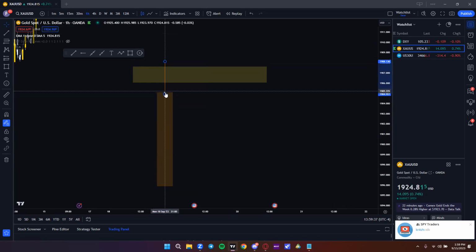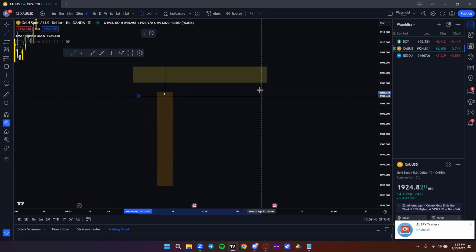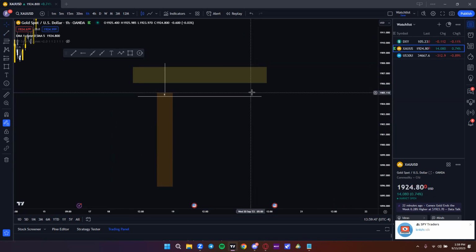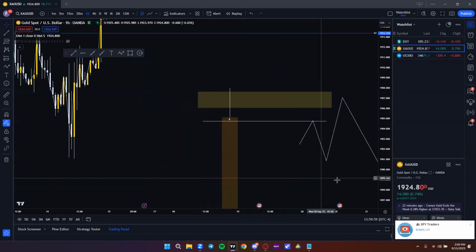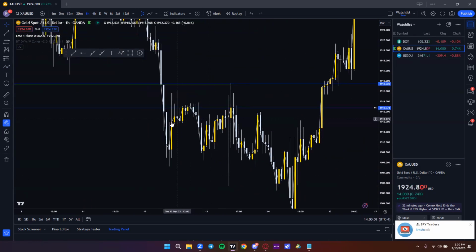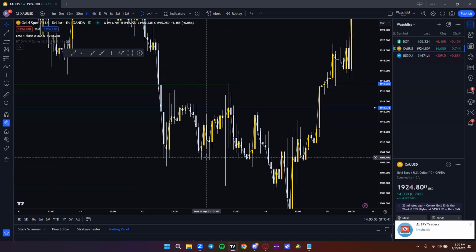I like to find the refinement inside of here. But sometimes it does this, and it's really not high probability. You will get a reaction from it just to come back up to your source point, just like what happened here, right? It came back down.